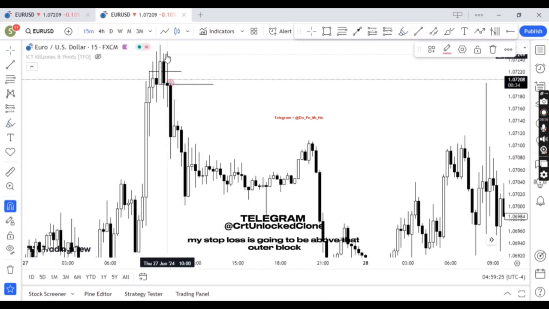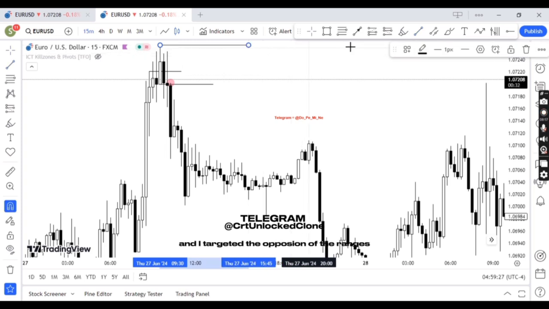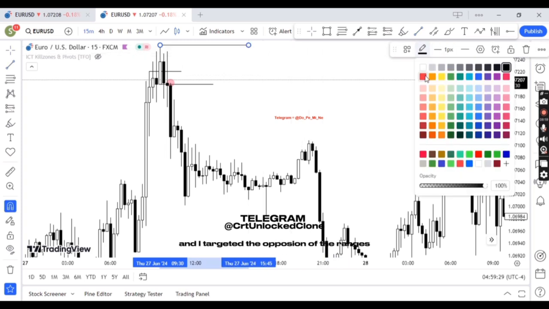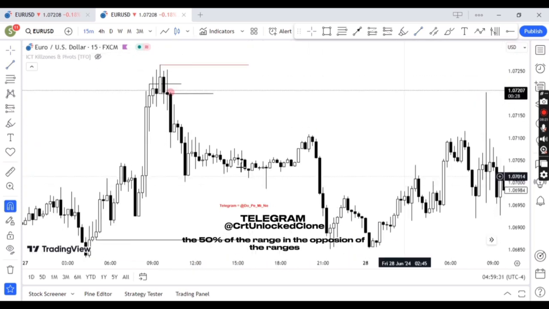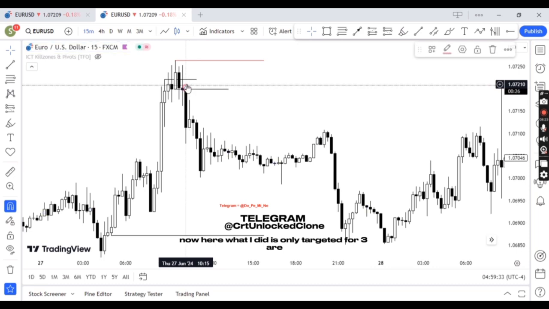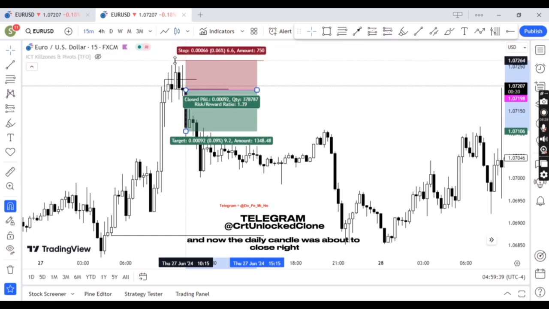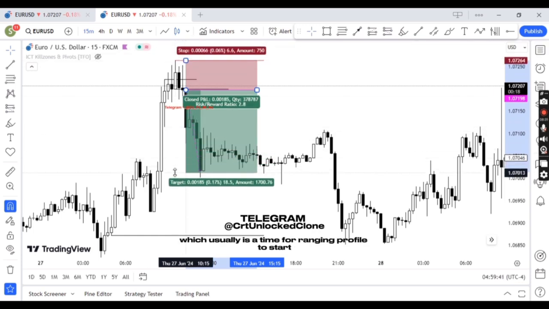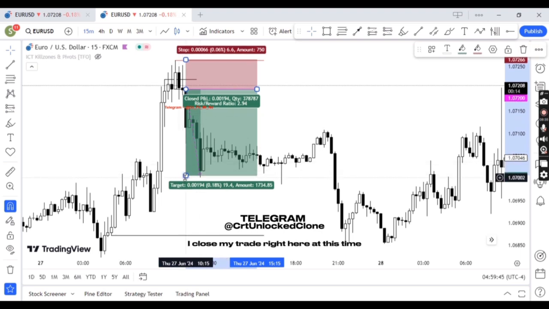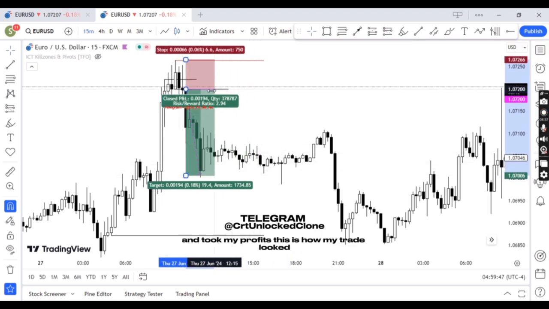My stop loss is above that order block, and I targeted the 50% of the range and the opposing end of the range. Here I only targeted for 3 hours, because the daily candle had already capped and was about to close, which usually is a time for a ranging profile to start. So for that reason I closed my trade right here and took my profits.